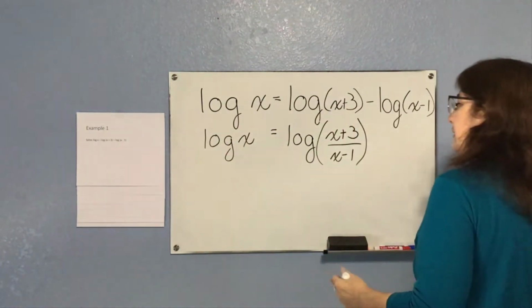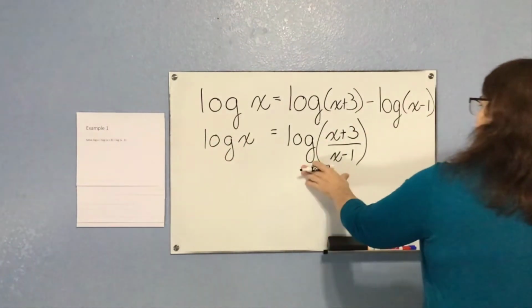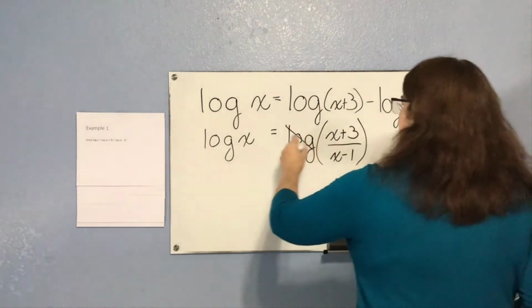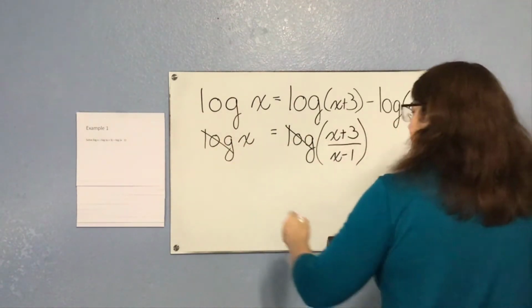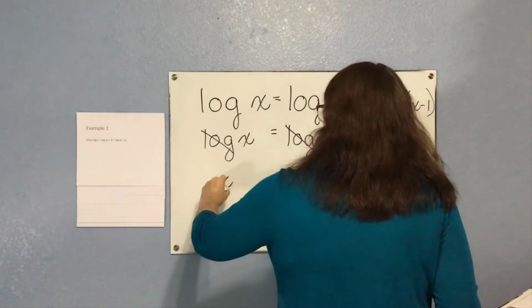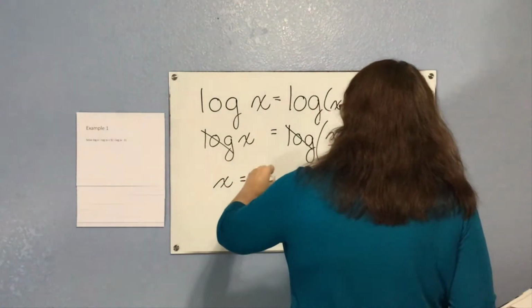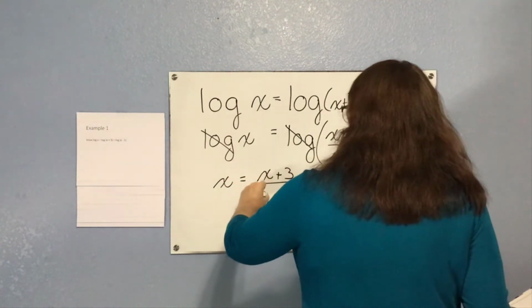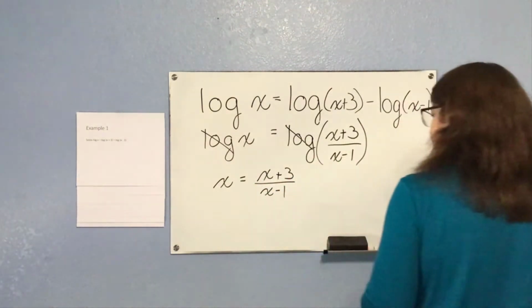Okay, now I've met my conditions. I've got one logarithm here and one logarithm here. So I can just do without the logarithms and write x equals x plus 3 over x minus 1.